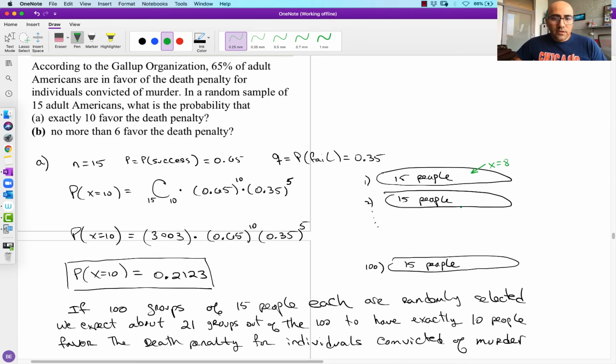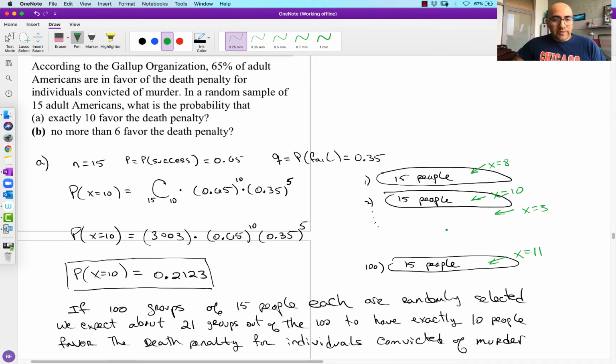For the second group, maybe this is one of the ones where 10 people said yes. Maybe the group after that, only 3 people said yes. You keep going, and maybe in the very last group, 11 people said yes. So there's going to be 100 different results, and chance is going to play a role.